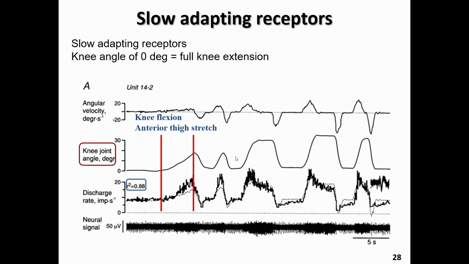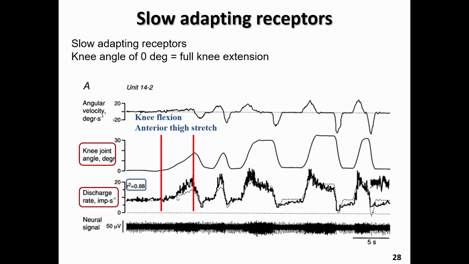And so if we isolate this region here in the first experiment, the first movement here, we see one person's leg was moved into a flexed position, not quite to 30 degrees, but approximately 15 degrees. There was a corresponding increase in the discharge rate of the lateral femoral cutaneous nerve.